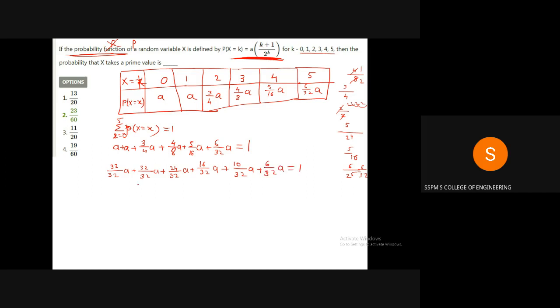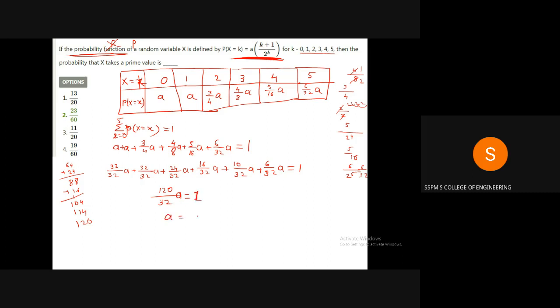Now the denominators are the same, therefore we will add all the numerators. 32 plus 32 is 64, 64 plus 24 is 88, 88 plus 16 is 104, 104 plus 10 is 114, 114 plus 6 is 120. So we have 120 divided by 32 times a is equal to 1.